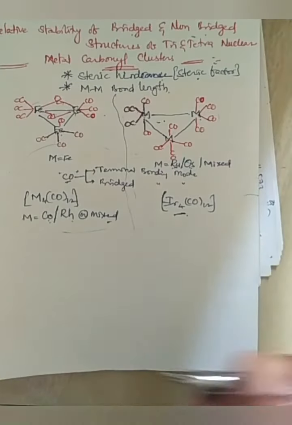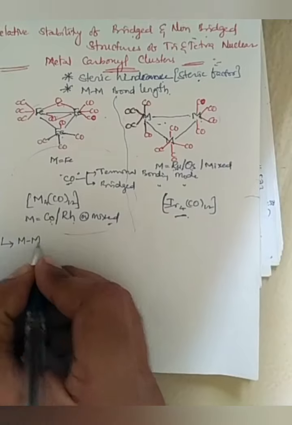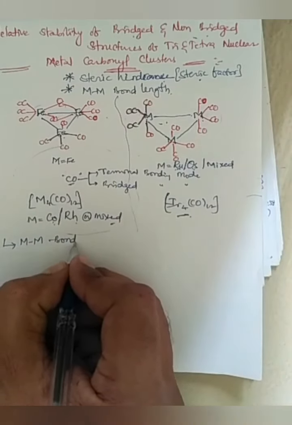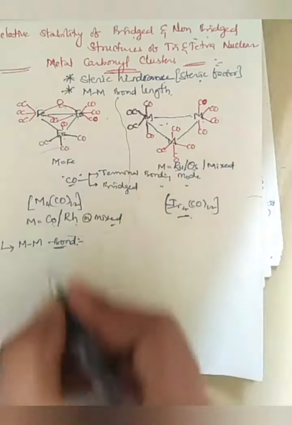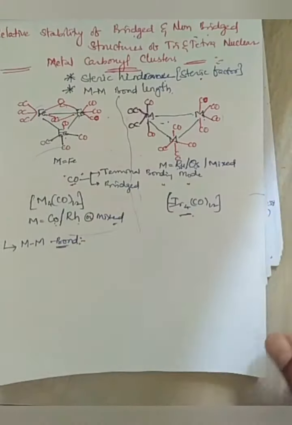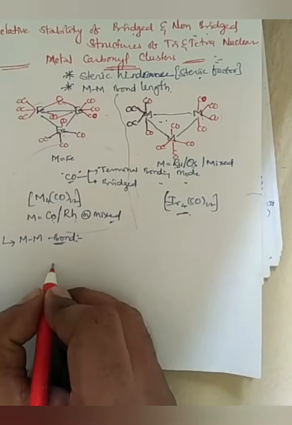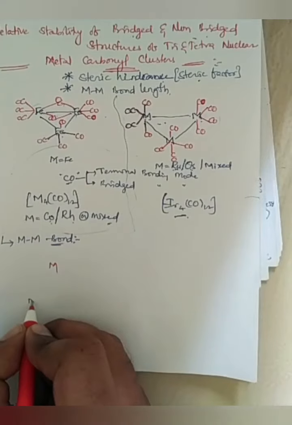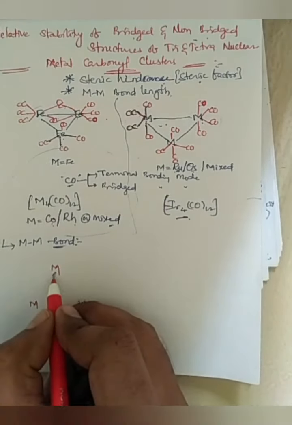So then, the second factor: metal to metal bond length. In both, here I will take the structure of the tetranuclear carbonyl cluster.